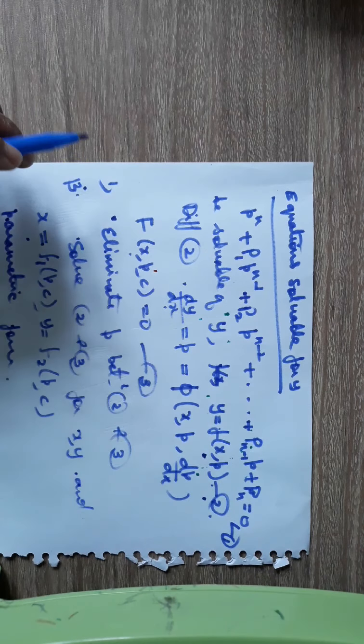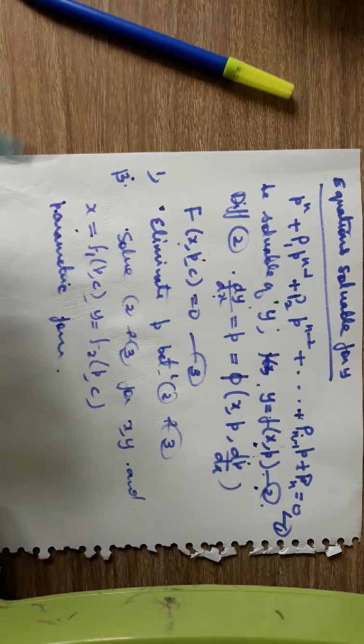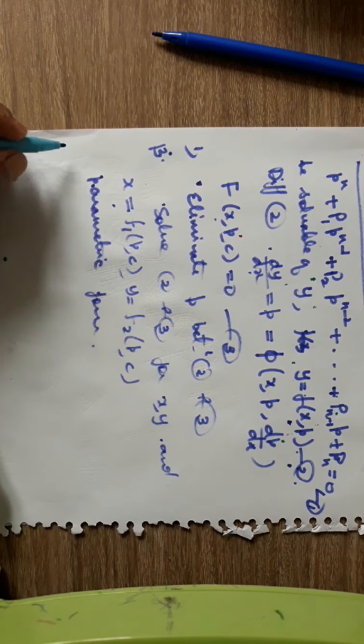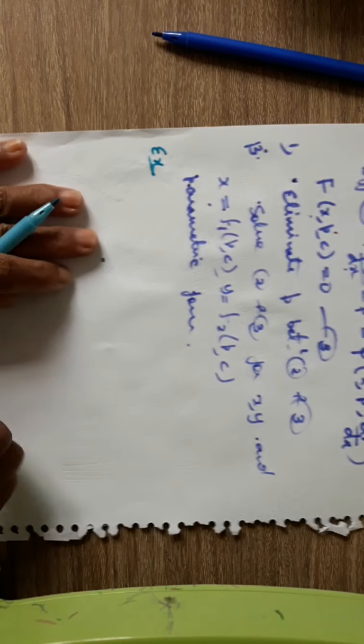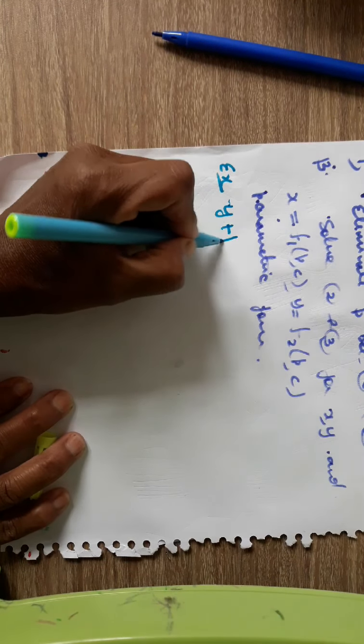So now let us see one problem, how to solve any equation which is solvable for y, or y is equal to f of x, p. For example, this equation: y plus px is equal to p square x to the power 4.